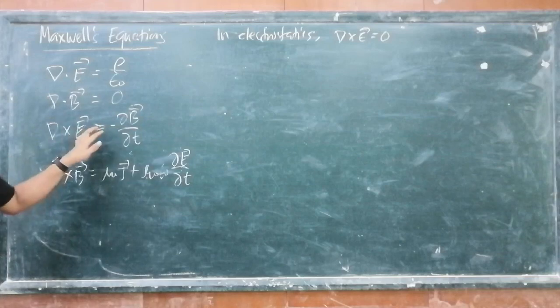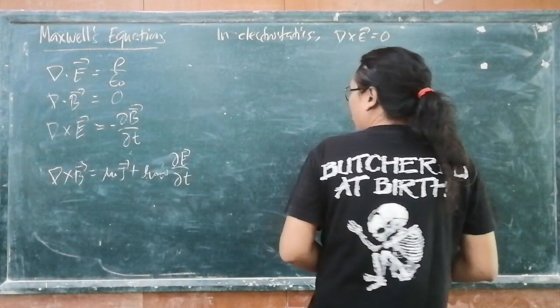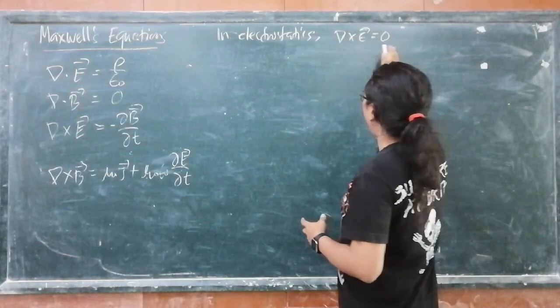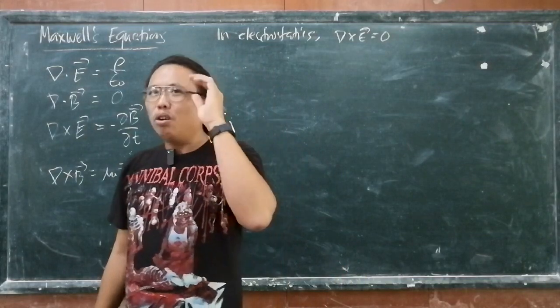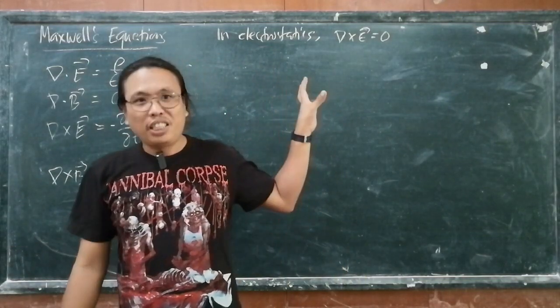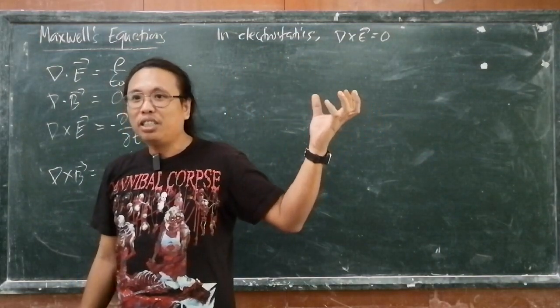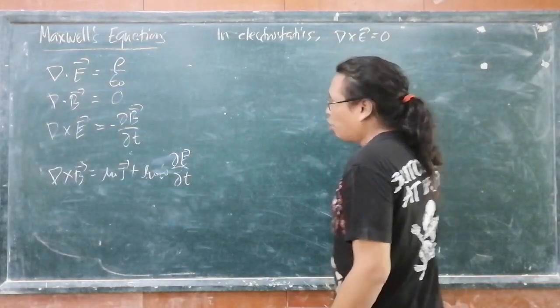In fact, it's equal to the rate of change of the magnetic field. So in electrostatics, del cross E equals 0, right? In this case, we can say that E is a gradient of a scalar function, which we call the potential function.